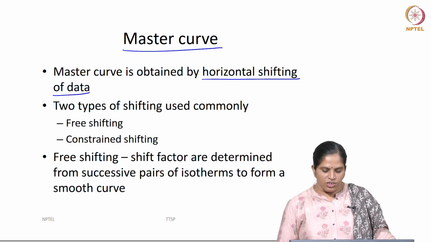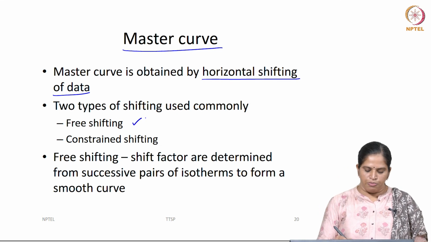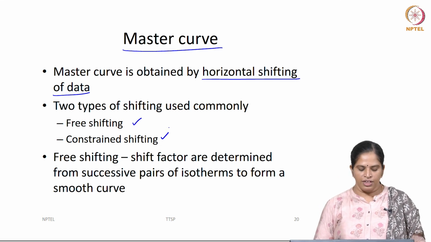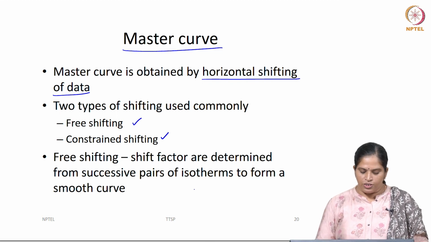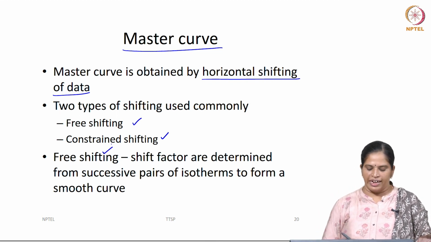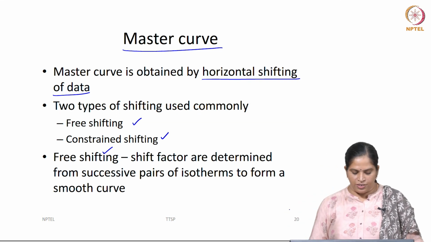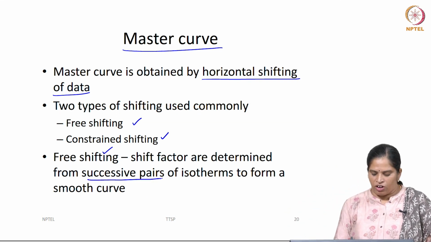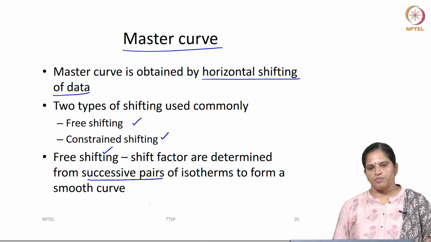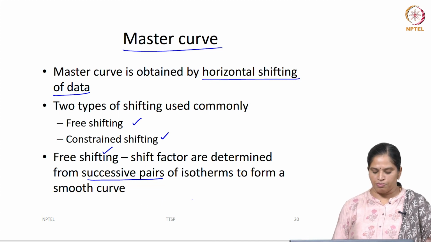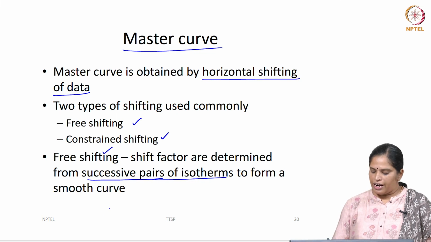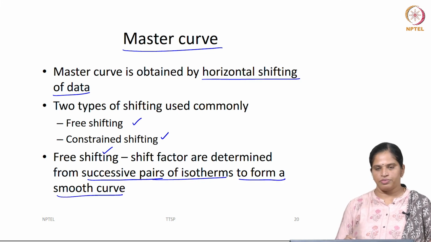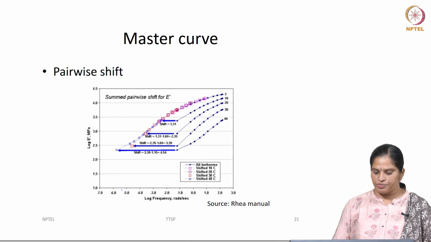For that, we follow two approaches, one is free shifting, another is constrained shifting. In free shifting of data, we take a successive pair of isotherms of dynamic modulus or relaxation modulus values and make it a smooth curve as given here.